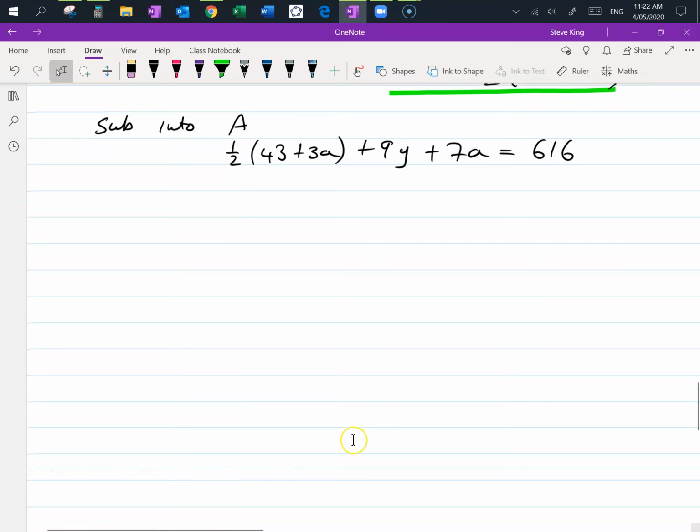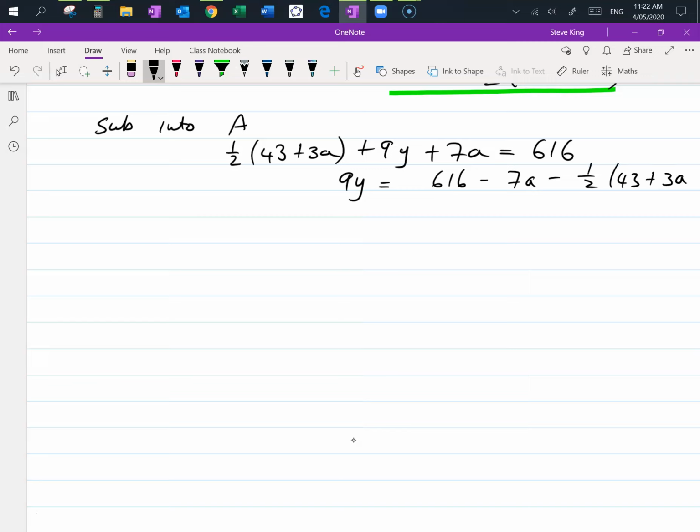All right, so now I need to get y by itself. So I'm going to have 9y is going to be 616 minus 7a minus a half of 43 plus 3a. And that's going to be 616 minus 43 over 2 minus 7a minus 3a over 2.